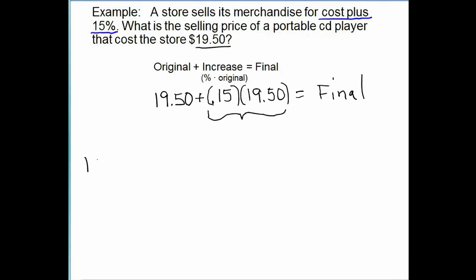I'll do it by hand, so you will know how to do it. So 1950 times 0.15, multiplying everything by 5. And then times 1, and I will go in one place.